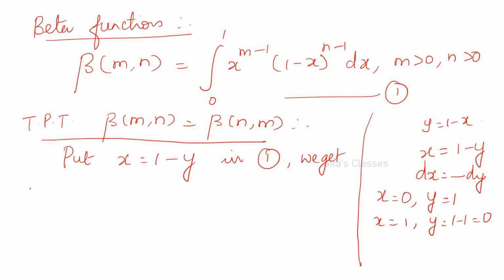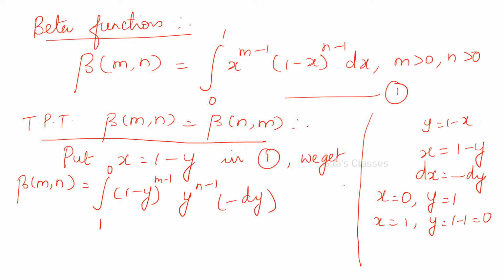Okay. So beta of m comma n is equal to the integral from 1 to 0. Now we are changing from x to y, right? So the changed limits are 1 to 0. Then in the place of x you have to write (1-y)^(m-1) into, 1 minus x is what? y, right? So y^(n-1) into minus dy. dx is minus dy.